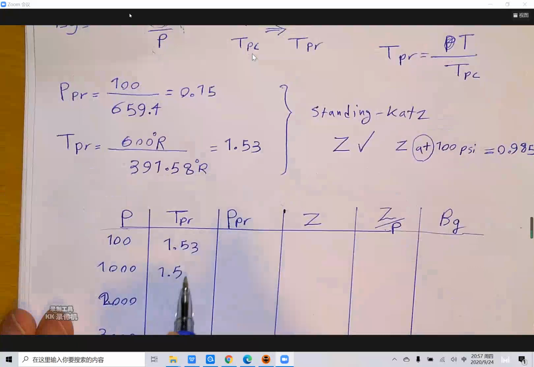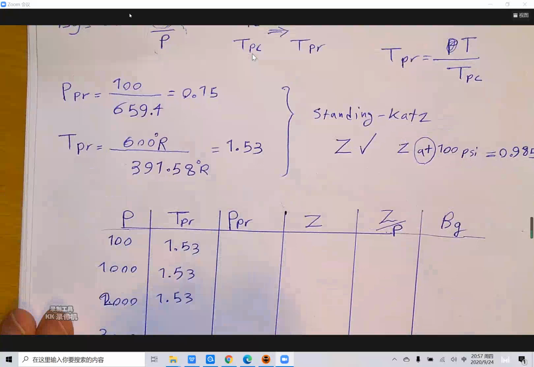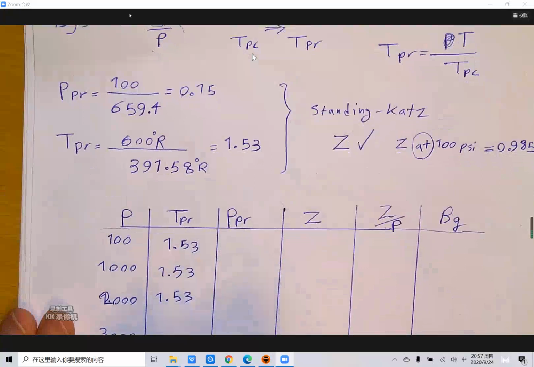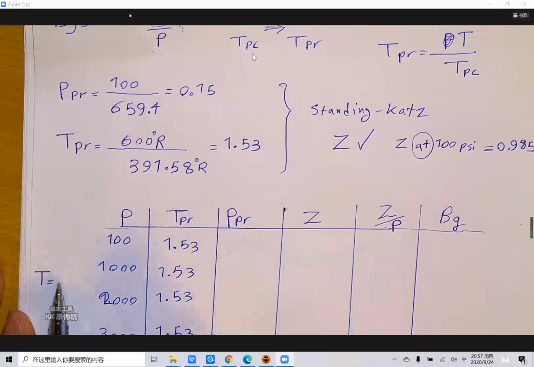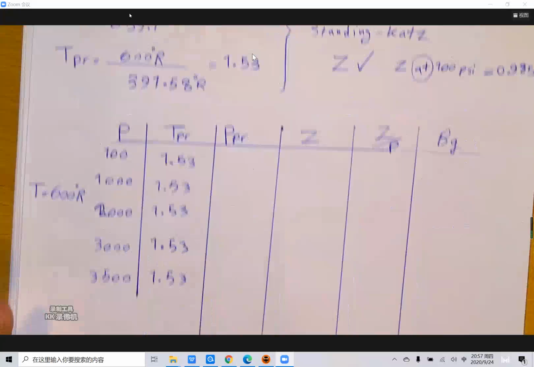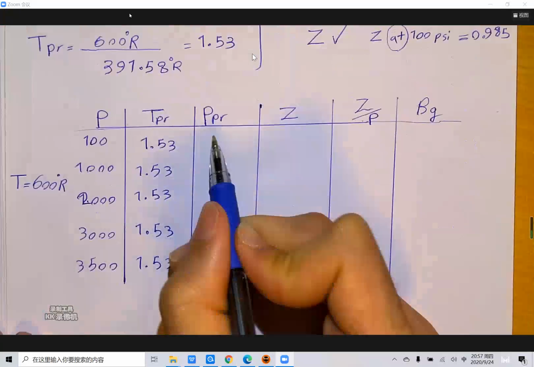Because the temperature is constant, they are the same, so the reduced temperature is constant for each pseudo-reduced pressure.